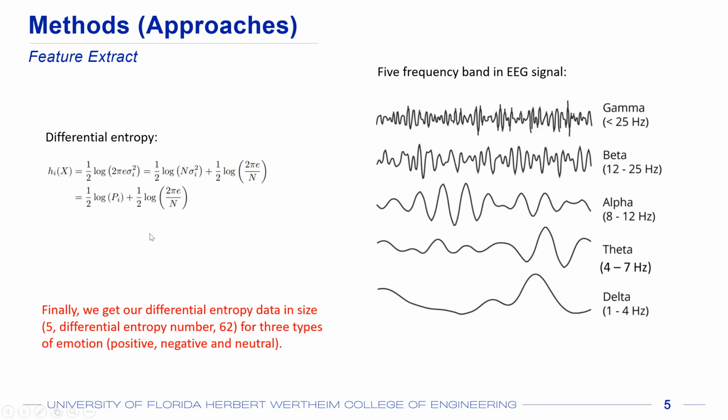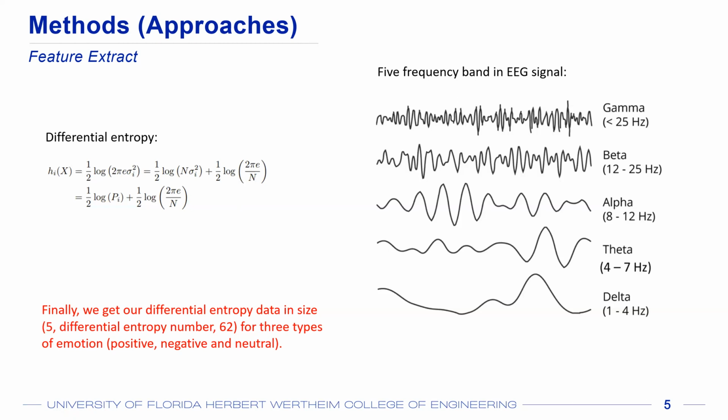From the equation, we can find that the estimation of differential entropy is equivalent to the logarithm of the energy spectrum in a certain frequency band. So if we want to get the differential entropy features, we need to calculate the energy spectrum and take the logarithm of it.